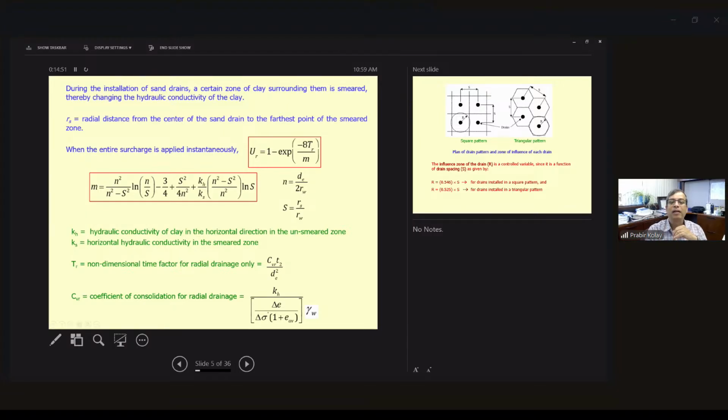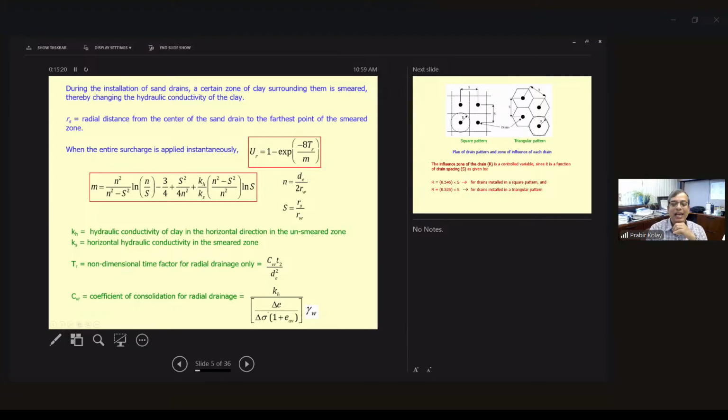So here, the degree of consolidation U_R is 1 minus e to the power minus 8 T_R by m. But m is given by this equation, n squared divided by n squared minus 1 and so on, where n is equal to D_E, the equivalent diameter, divided by 2 times R_w, the radius of the sand well.